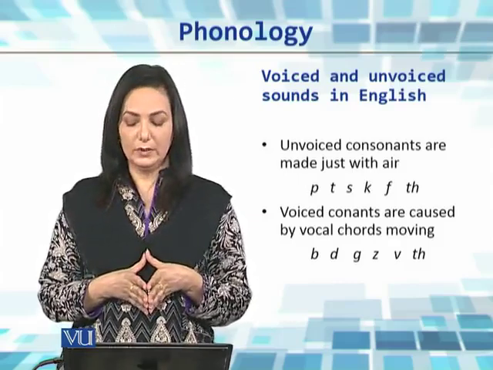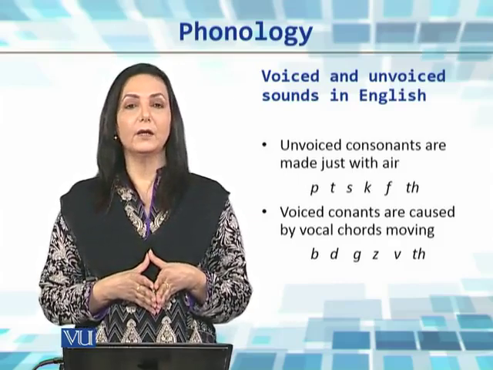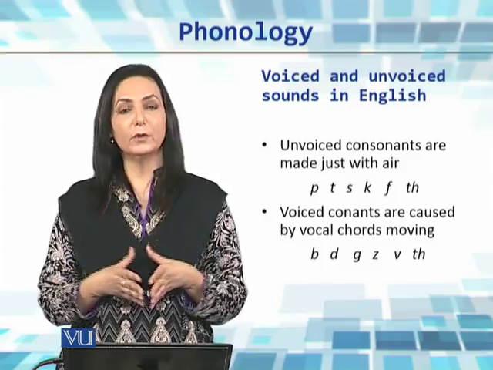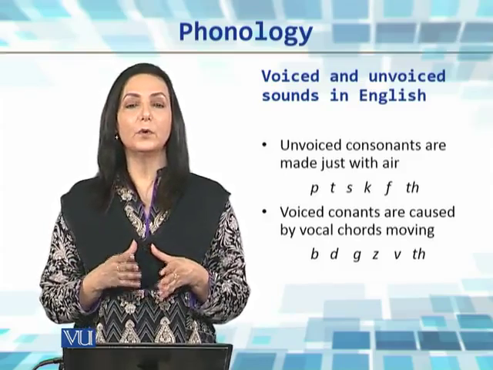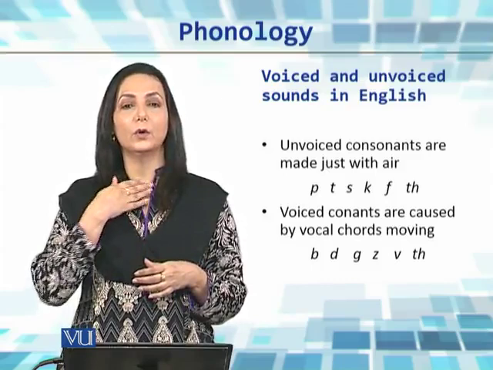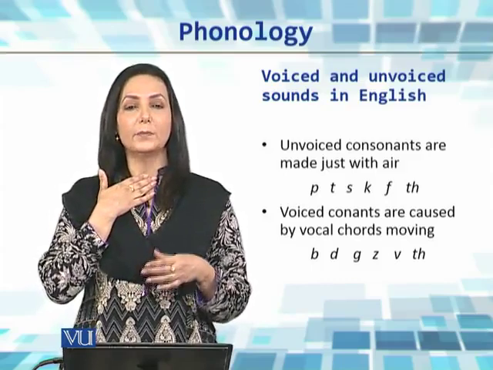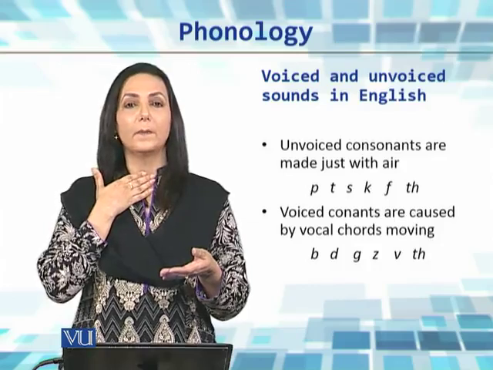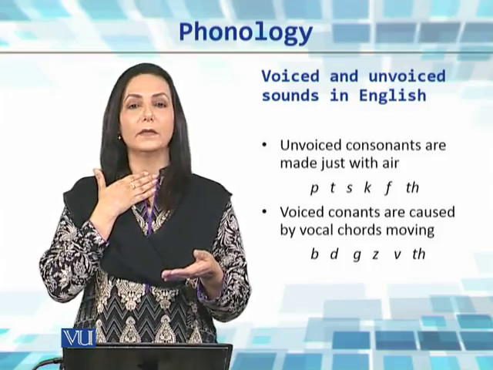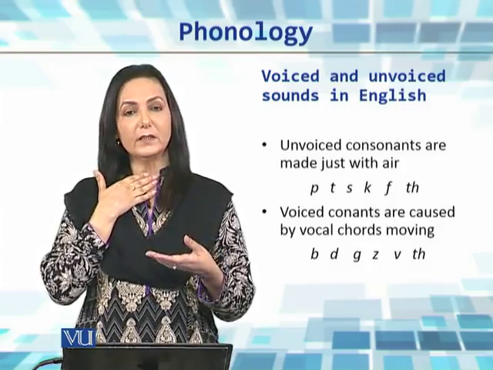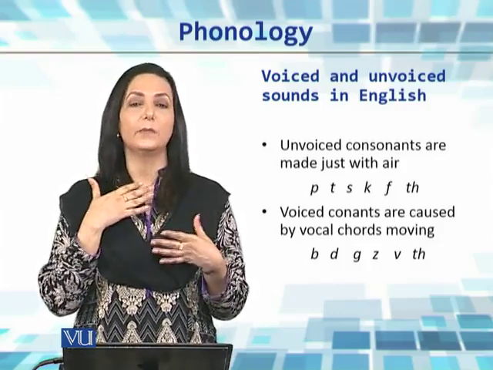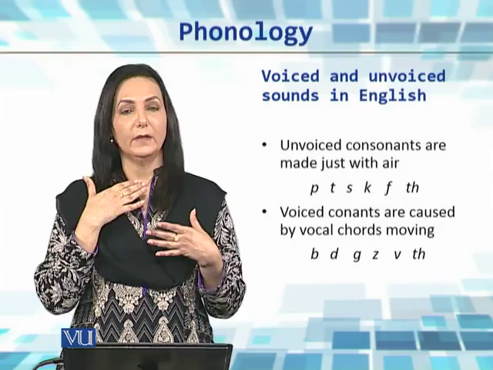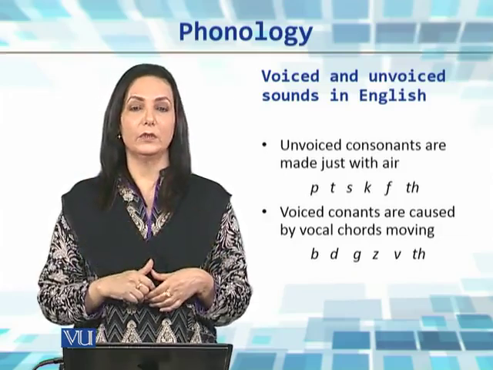The voiced consonants, on the other hand, are caused by the movement of the vocal cord. So go ahead, put your hand on the hollow of your neck and say one of these sounds. For example, p, p, k. When you say these sounds, you will feel no vibration on your neck in the vocal cords.